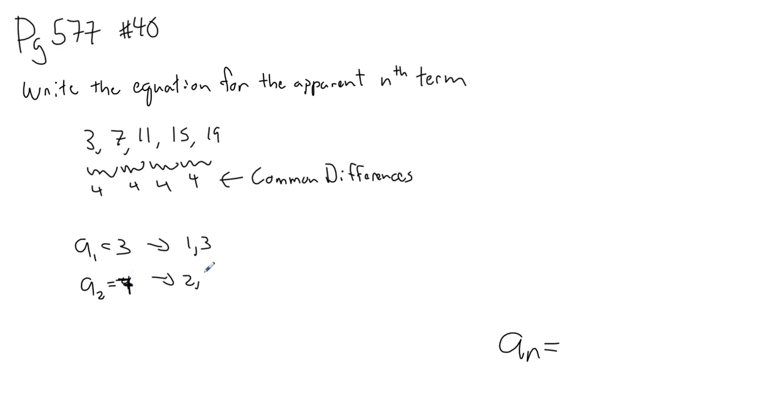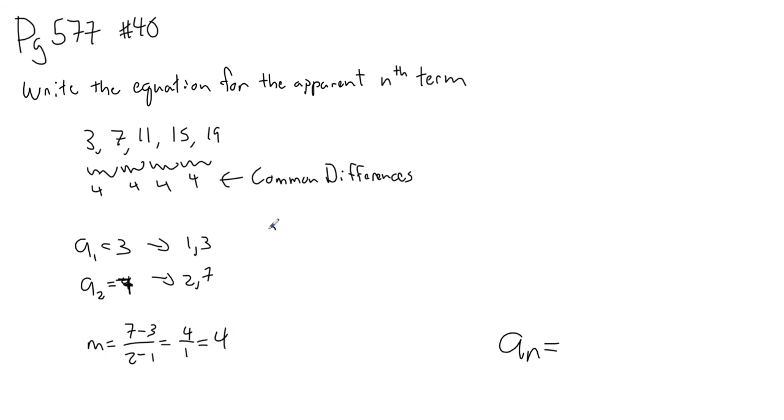The second term was 7. For this particular instance, I'm going to find the slope. That's equal to 7 minus 3 over 2 minus 1. 7 minus 3 is 4. 2 minus 1 is 1. So 4 over 1 equals 4.